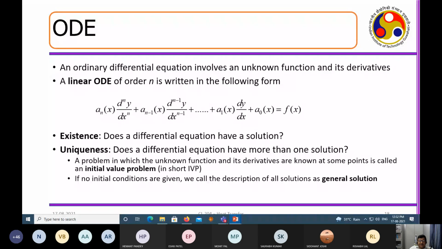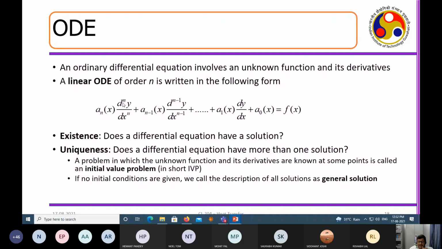So just to give you an idea, what is an ordinary differential equation? What is an ODE? In which we take the full derivative in terms of some quantity without keeping anything constant. An ODE involves an unknown function, that means a dependent variable, and its derivatives, right?